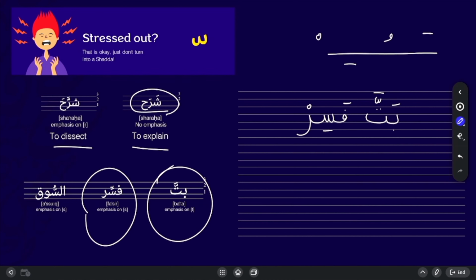So you know this is fassir. It should be fassir, and therefore we have to add the shadda. In this particular case, with the kasra, some people like to put the kasra underneath the shadda. Fassir. Finally, as-suq.